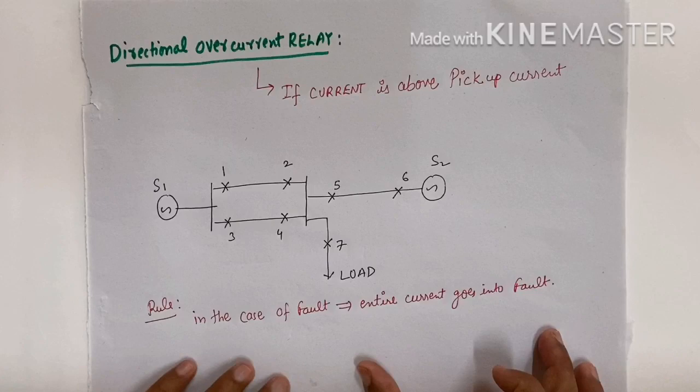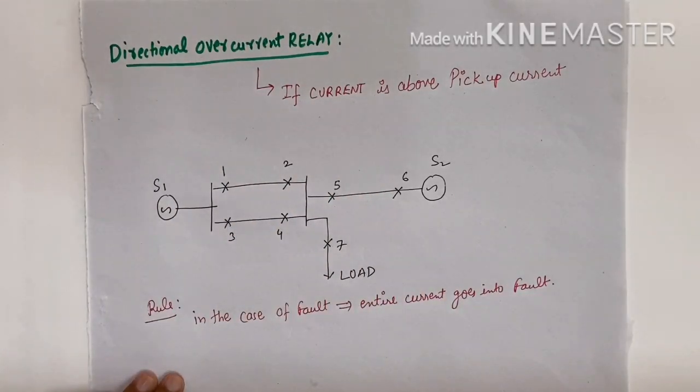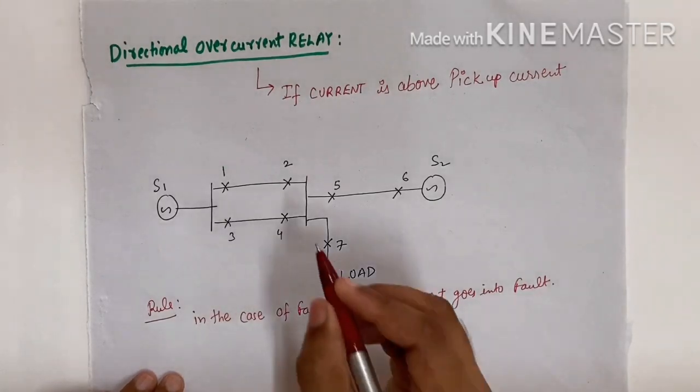If you do this, you can recognize the nature of the relay. In the case of fault, the entire current goes into the fault, because at the time of fault the current will flow into the minimum resistance path. Okay, so it is clear to you.